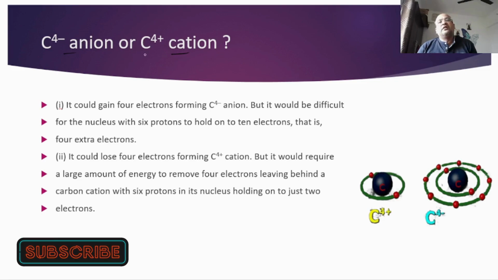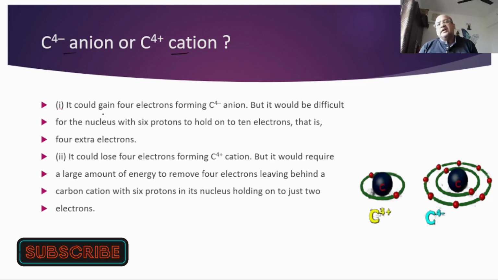How will it form a cation? If carbon loses 4 electrons, it will form a cation. If it accepts 4 electrons, then it can form an anion. Now let's see what carbon really does.